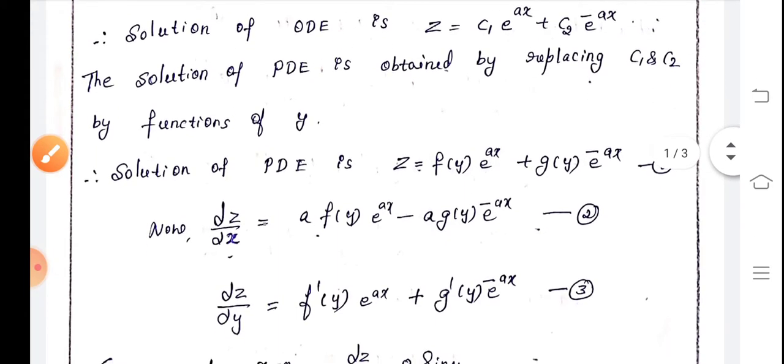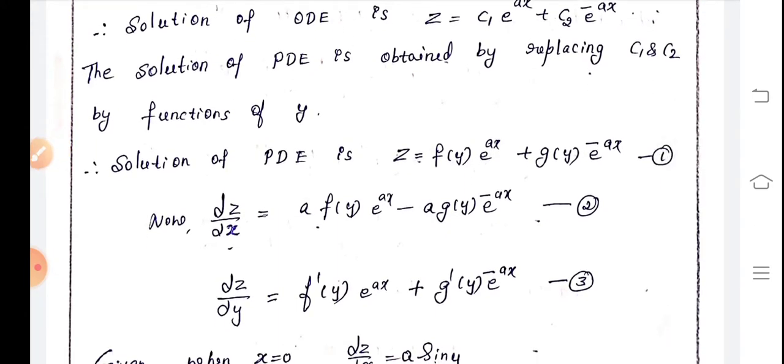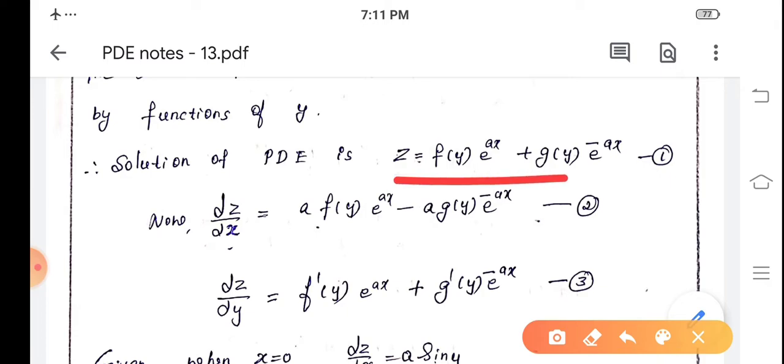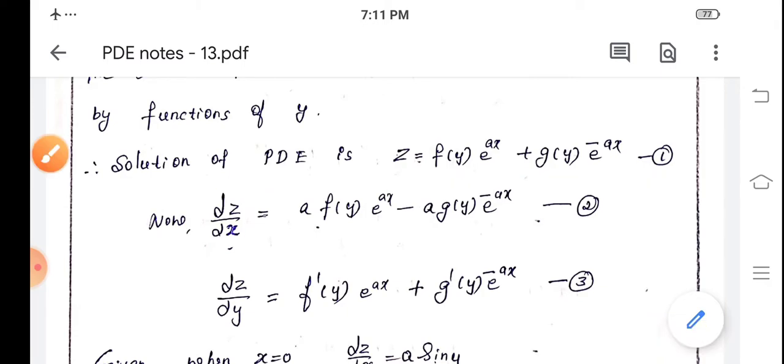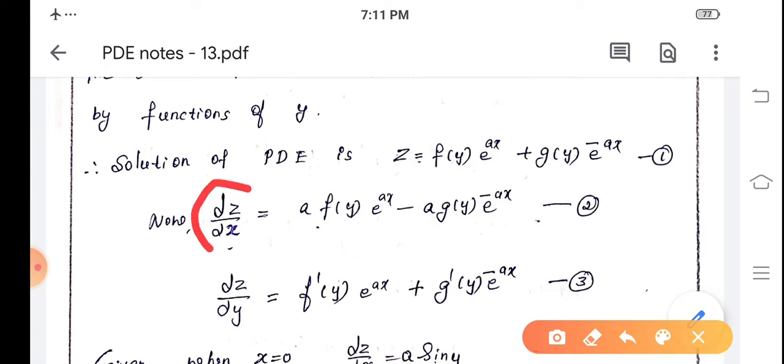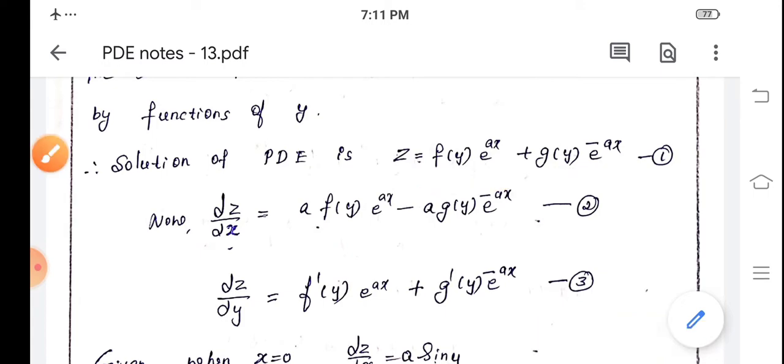To use these conditions, we require the partial derivative of z with respect to x and also with respect to y. First, we differentiate equation 1 partially with respect to x. When we differentiate the right hand side with respect to x, the y terms are constant.